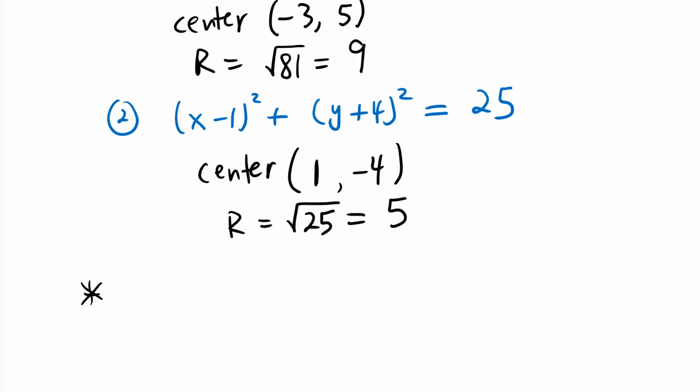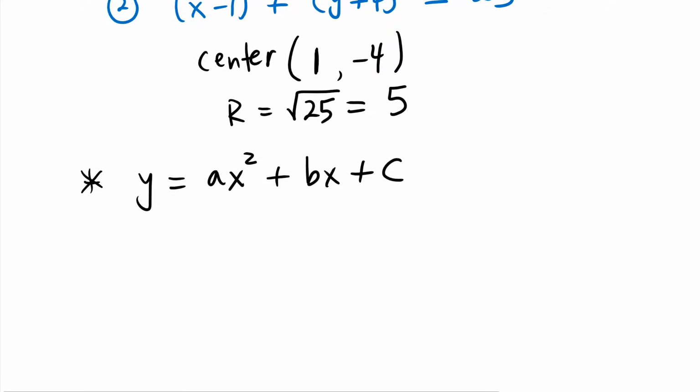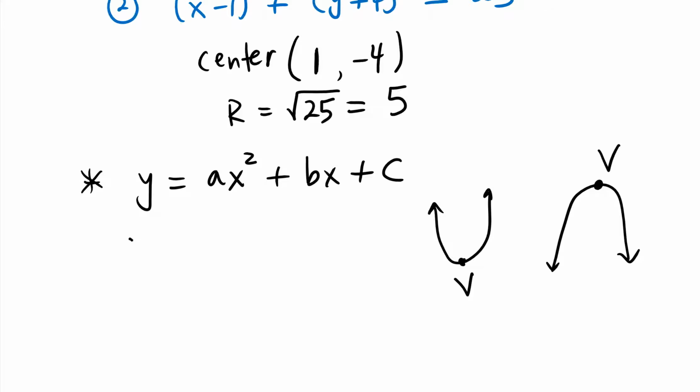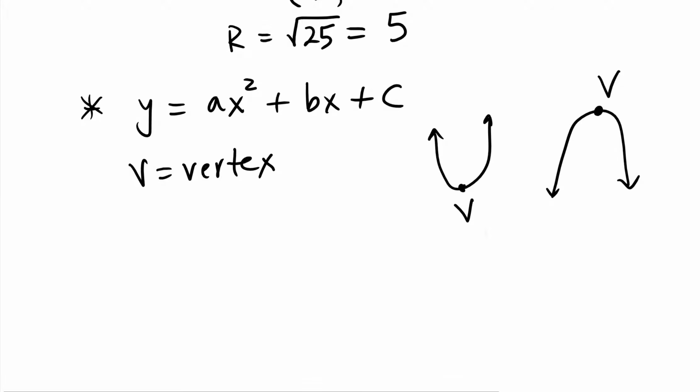Next topic to review. We know the quadratics ax squared plus bx plus c. This could be opening up or down. There is a point here called the vertex, V. How to find the coordinates of the vertex?